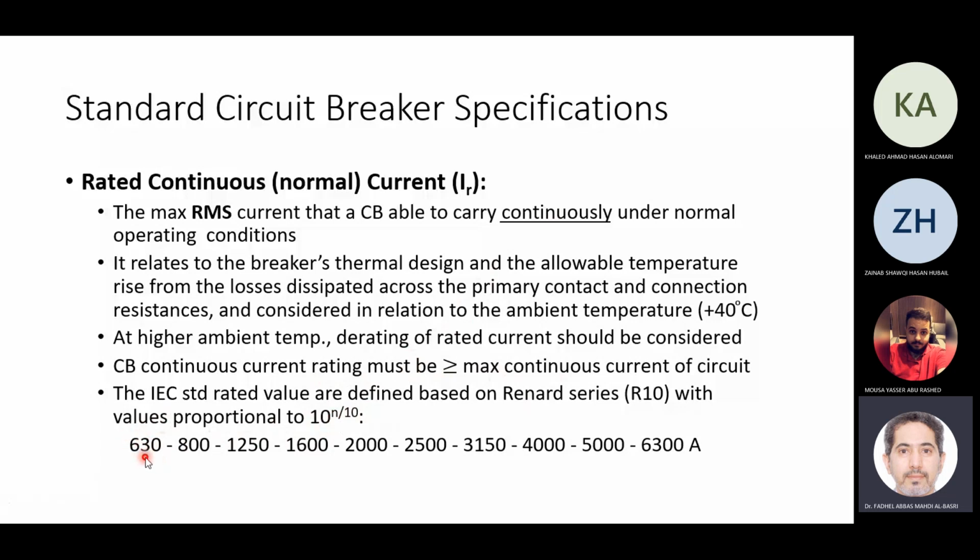So if you multiply by 1, this gives you this; by 1.25, you get this; by 1.25 again, you get this. So it is in steps of roughly 1.25. This is the standard rating of circuit breakers.